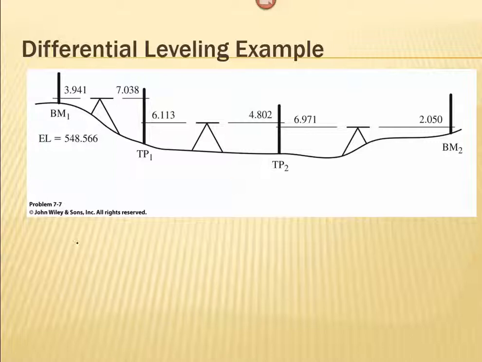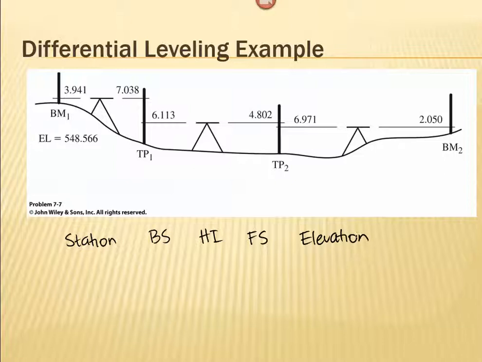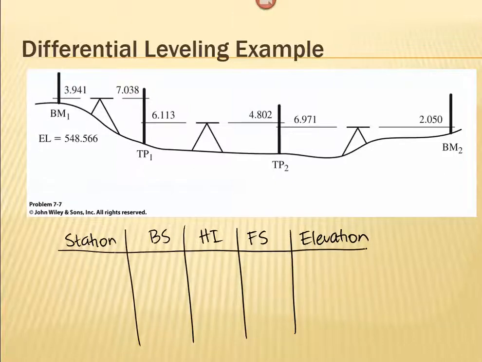For this one, let's start our table with station, our backside, height of our instrument, our foresight, and the elevation. Then we have benchmark 1, turning point 1, turning point 2, and benchmark 2. We know that our elevation begins at 548.566.